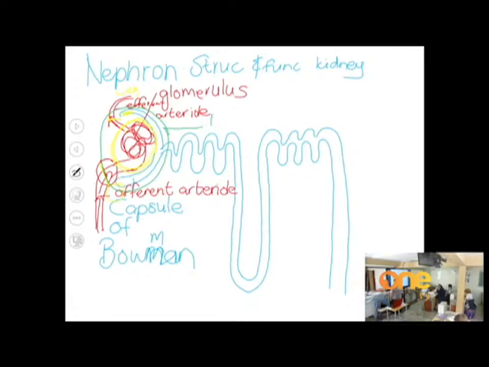That is the Malpighian body. Malpighian body. What is the Malpighian body? It is the capsule of Bowman plus the glomerulus.